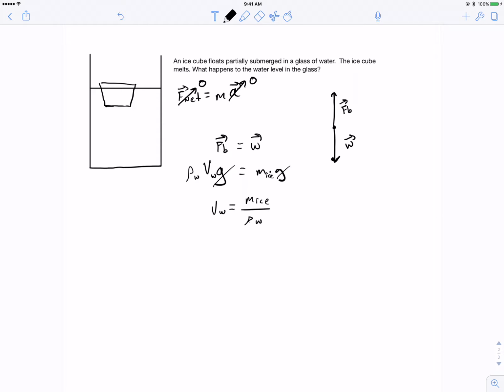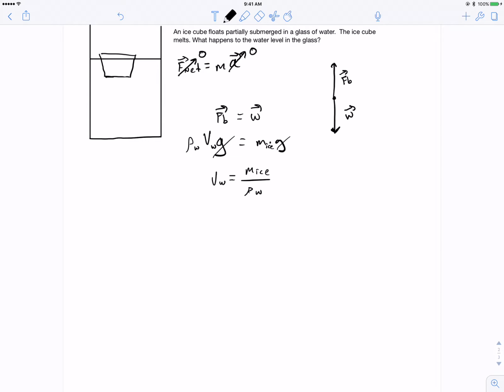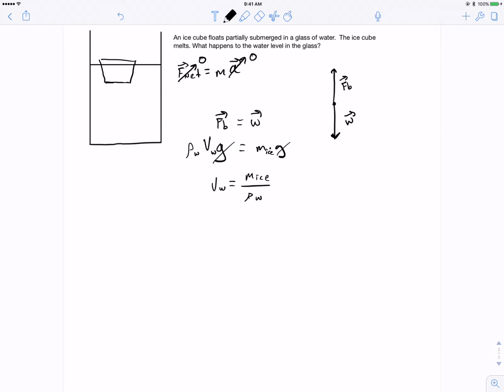Okay, so now we just need to figure out how this volume of water displaced compares to the volume of water that will be added when the ice cube melts. We know the mass of the ice, and we know the density of water. So if we know a mass and a density, can we find a volume? Well, I think so.